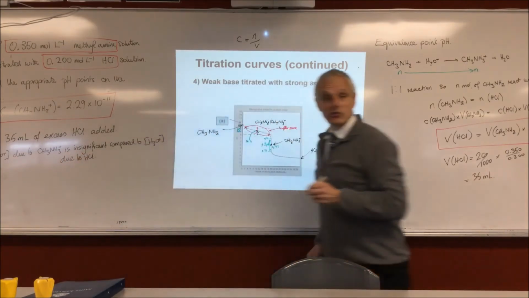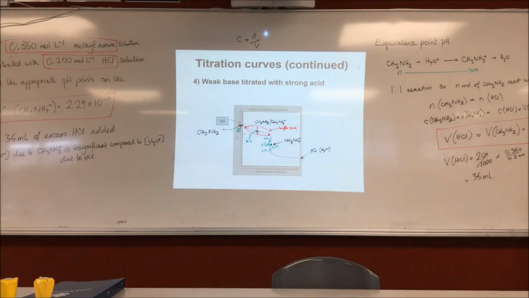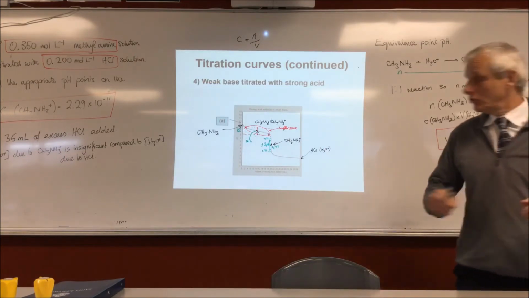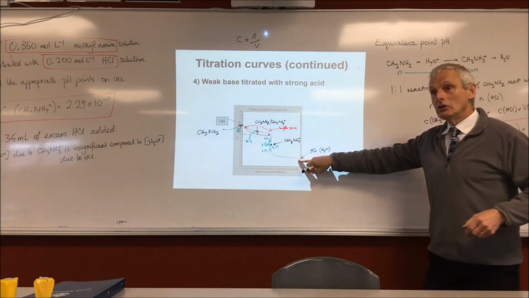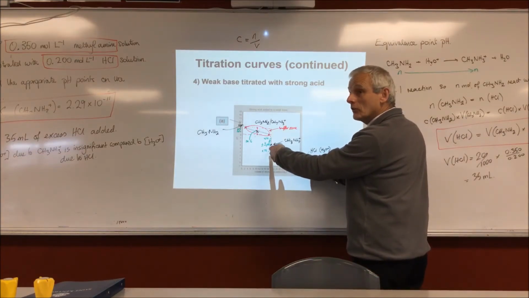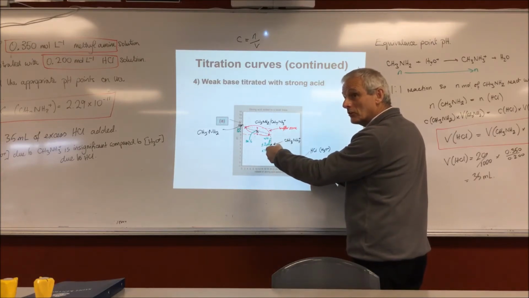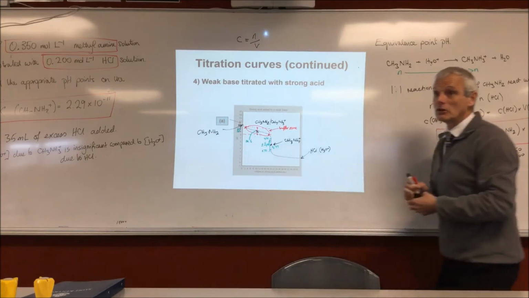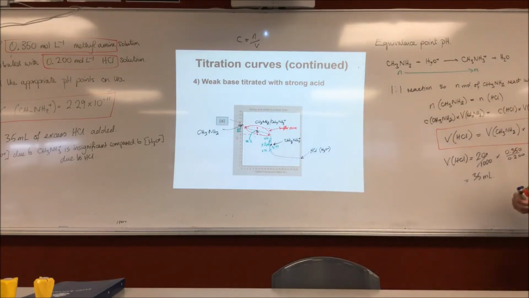So that's just a line to tell you that we're assuming that the concentration of H3O plus in solution at this point here is due entirely to the excess strong acid added, because the concentration of H3O plus at equivalence is very, very small and insignificant when compared to the concentration that you're adding beyond equivalence.